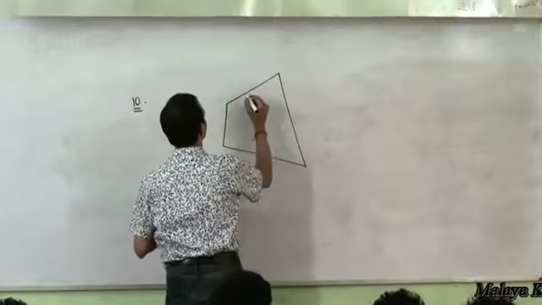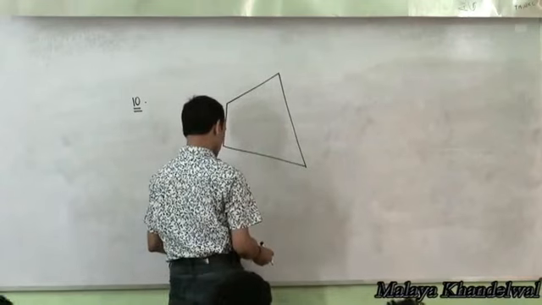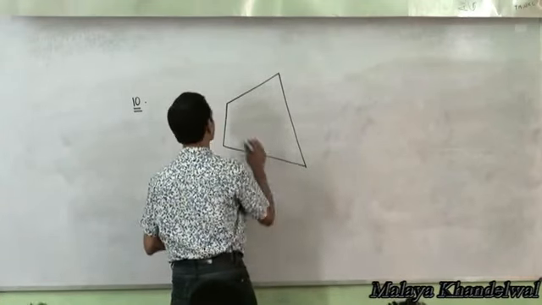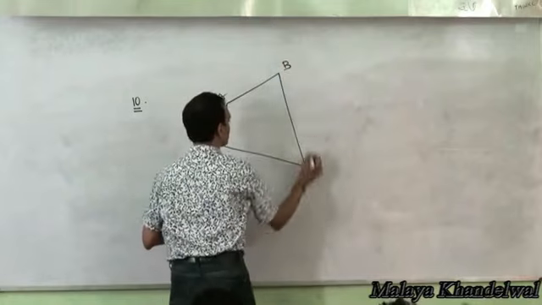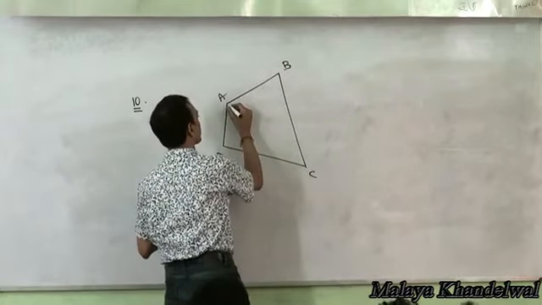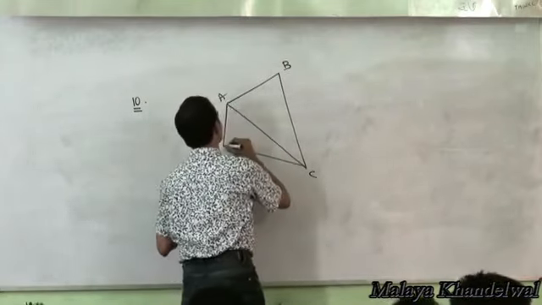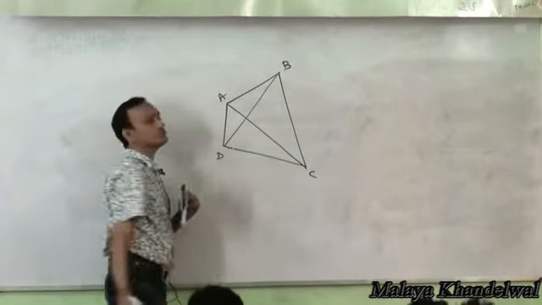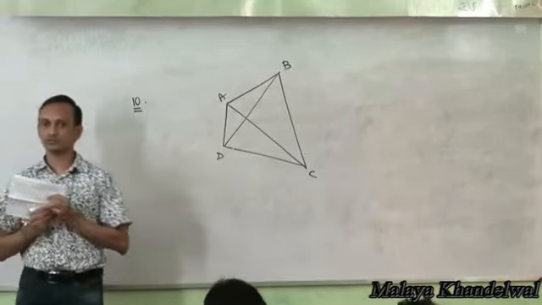This is a quadrilateral ABCD, and these are the two diagonals of the quadrilateral.